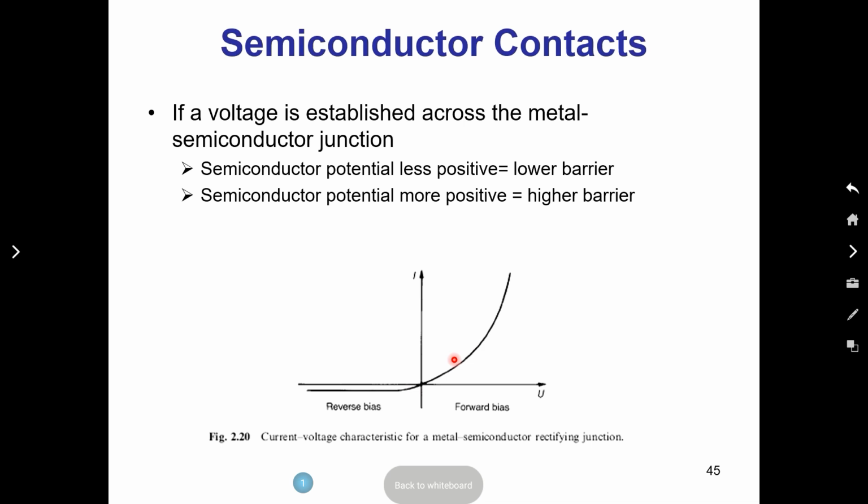So depending on what gas absorbs on that contact, it will either make the Schottky barrier larger or make the Schottky barrier smaller. So for example, if you absorb a reducing gas like CO, it will actually lower the Schottky barrier.